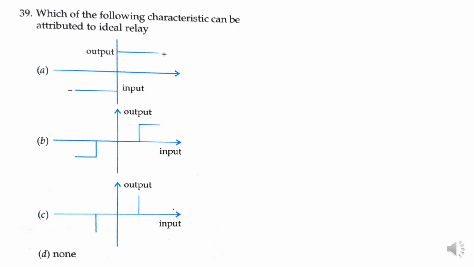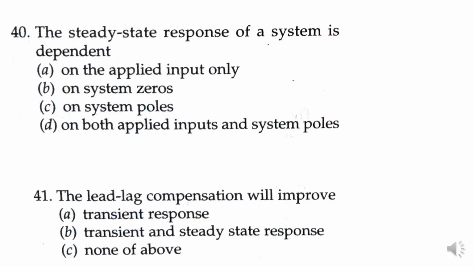Next question, which of the following characteristics can be attributed to an ideal relay? Four are given. Option A is the correct answer. The steady state response of a system is dependent on both applied input and system poles. That is the correct answer.